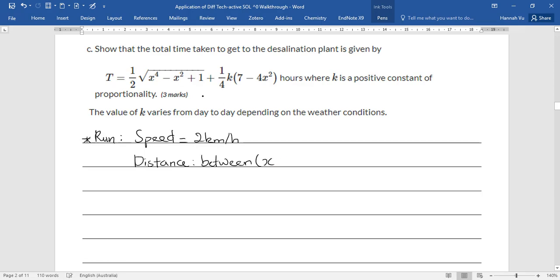Once again, if you look at the answer here, it doesn't have y in it, so I'm going to write y in terms of x and the point of the camp, which I think was 0, 0.